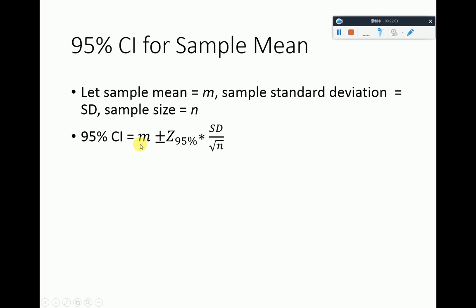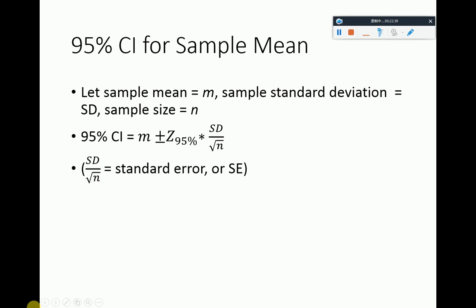The formula for the 95% confidence interval for a sample mean is the point estimate, the sample mean, plus or minus the z-score associated with the 95% confidence level times the standard error for the sample mean. It turns out that the standard error for the sample mean is the standard deviation divided by the square root of the sample size.